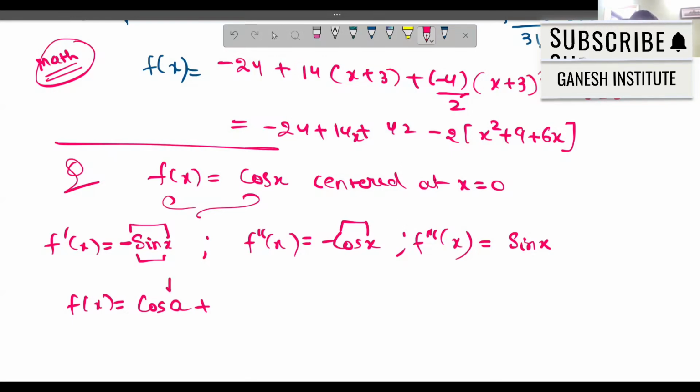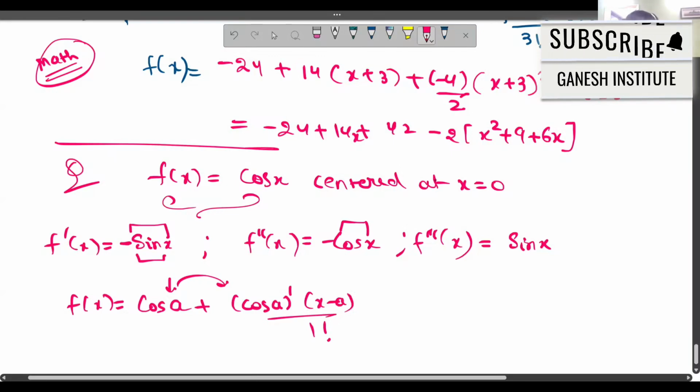You can remember it this way. You write it here and then you take the derivative of it, and you write x minus a over 1 factorial, correct? Then you will take the derivative of this and so on.